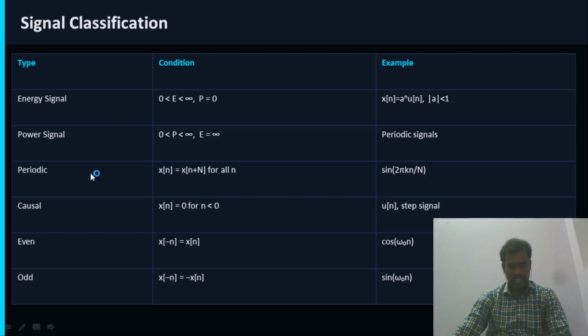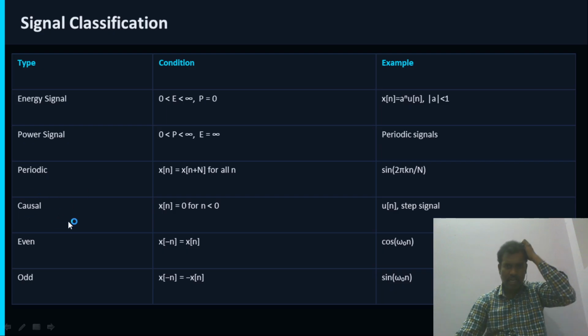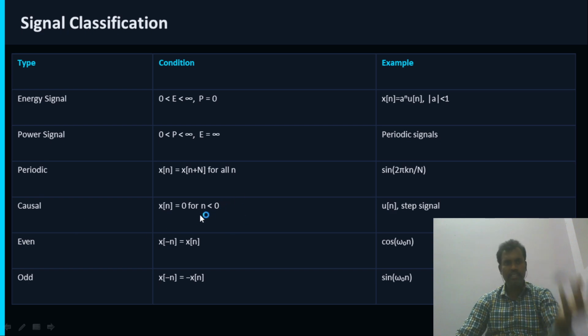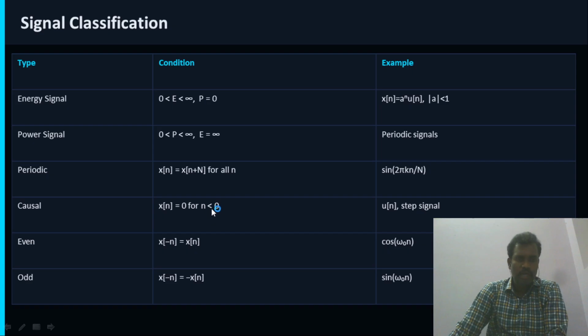And periodic signals: some signals are periodic signals or aperiodic signals. And causal and non-causal signals. A causal or non-causal signal is a kind of signal based on the occurrence of samples at the positive instance of time or negative instance of time. Right? So let's see this category.